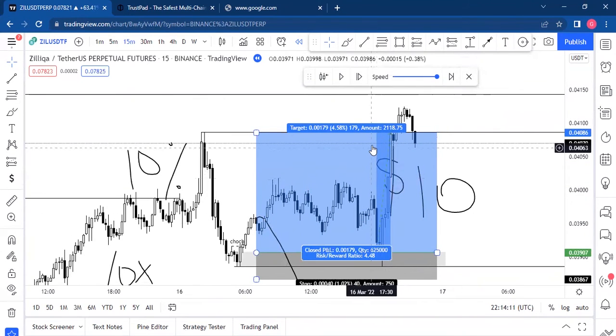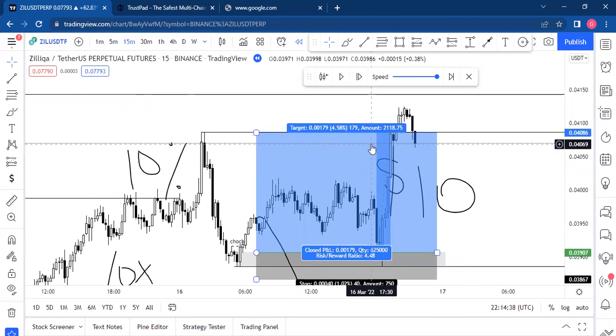You clear your TP, now I'm making 4.58%, times, remember your leverage was 10x, making it 45.8%. 45.8% of $99, that's $45. You see that you lost $10 in the previous trade, and now you make $45.